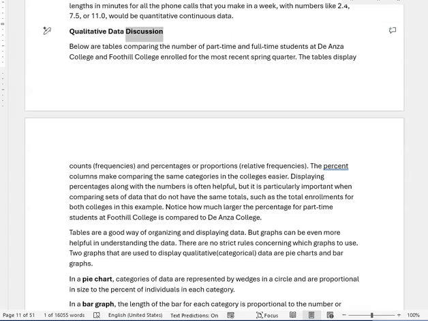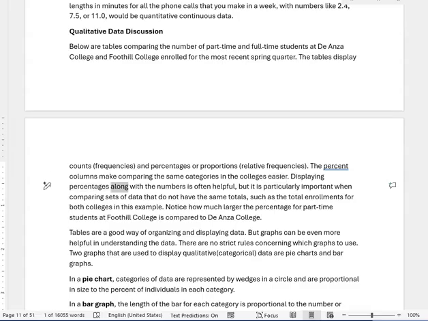Qualitative data discussion. Below are tables comparing the number of part-time and full-time students at De Anza College and Foothill College enrolled for the most recent spring quarter. The tables display counts, frequencies, and percentages or proportions, relative frequencies. The percent columns make comparing the same categories in the colleges easier.